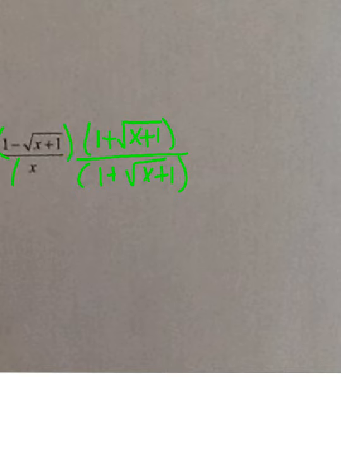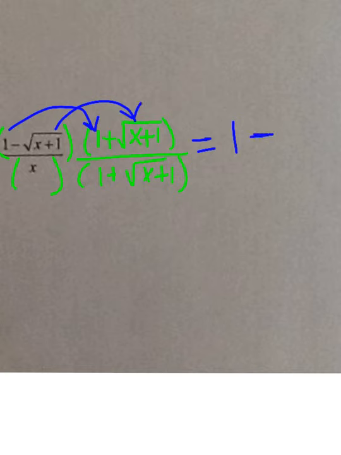Okay, so we're going to multiply the numerators. Remember, since they're conjugates, we don't actually have to sit there and double distribute because the middle terms will cancel out. So it's the first term times the first term, which is 1 times 1 is 1. And then it's the last term times the last term. Now remember, it is a minus. Now, since I'm multiplying the square root of x plus 1 times the square root of x plus 1, remember I said when we multiply square roots, we get what's under the radical.